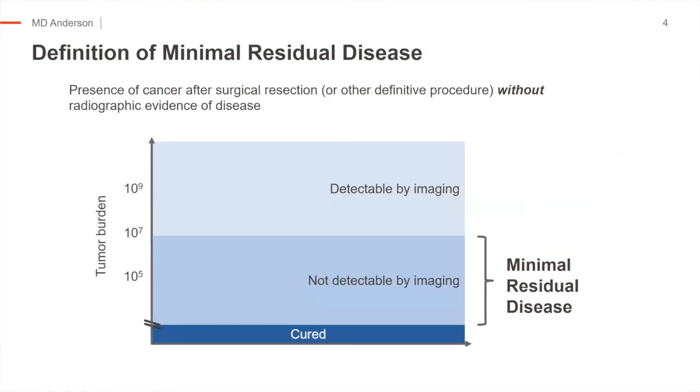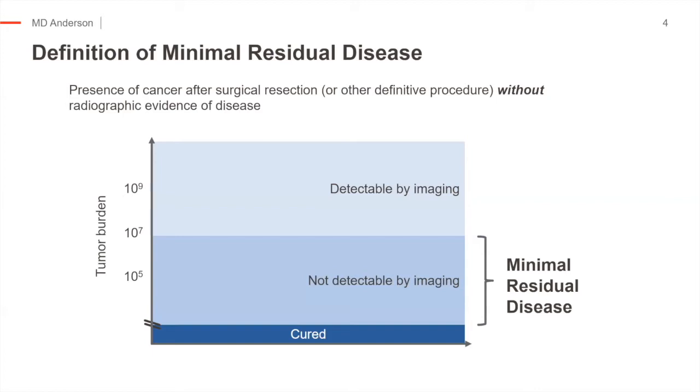So we use the term minimal residual disease to mean the presence of cancer cells or cancer in the body below the limits of detection. If we use those numbers from the prior slide and put them on the y-axis, around 10 to the 7th we can start to detect things by CT scans, and there's a proportion below that not detectable by imaging.